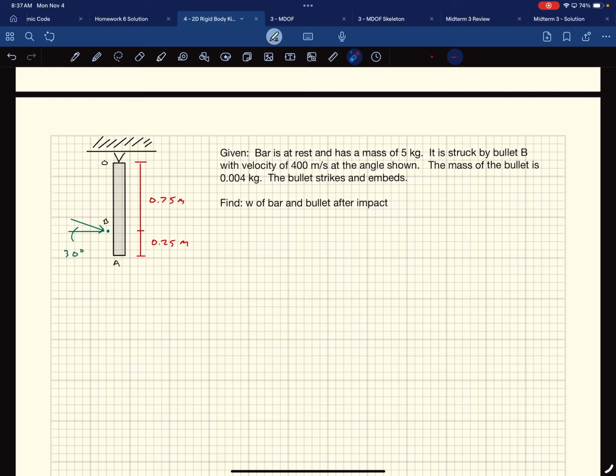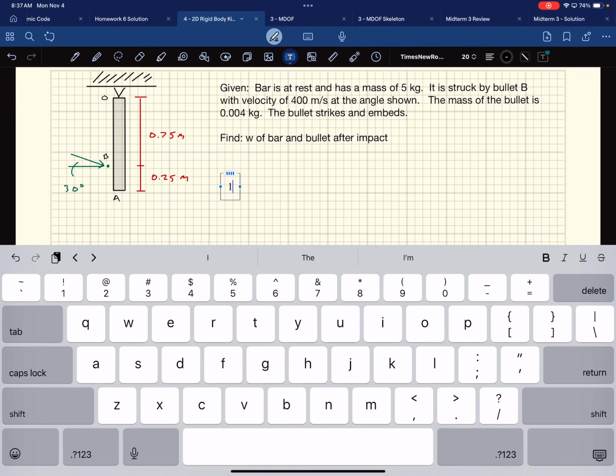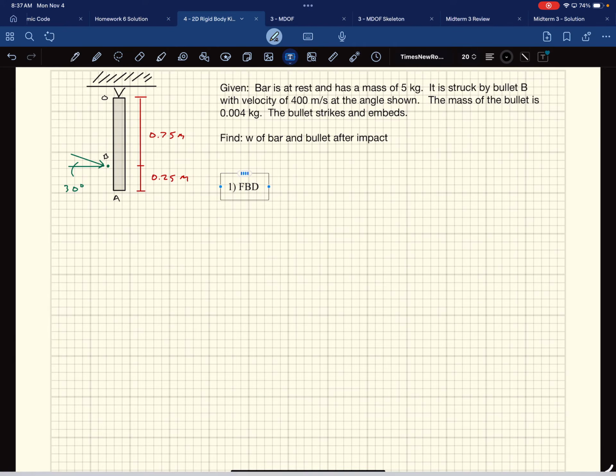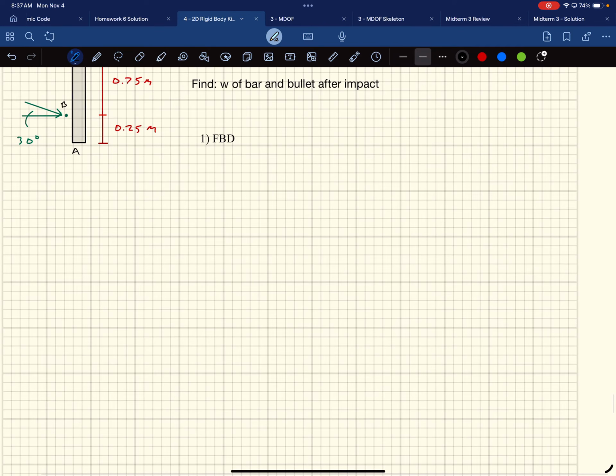Let's do it. Okay, so let's follow our steps. One, free body diagram. Okay, see what's happening there. We've got our object, the isolated bar.